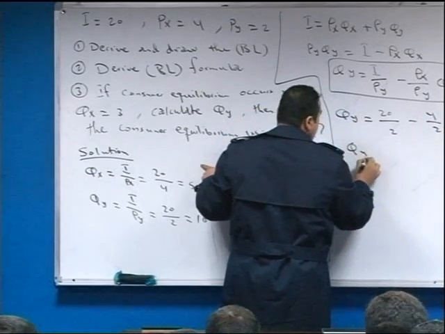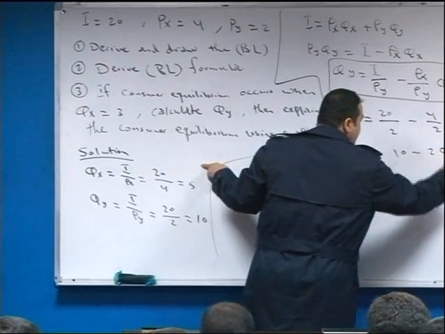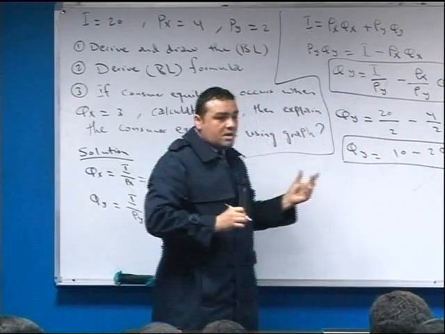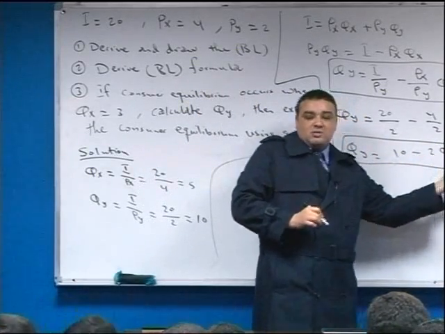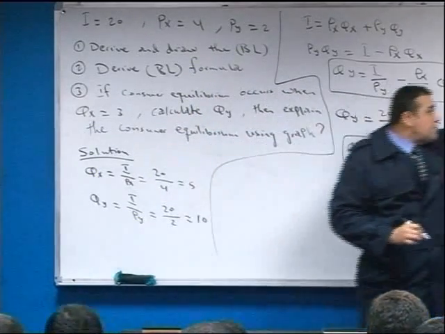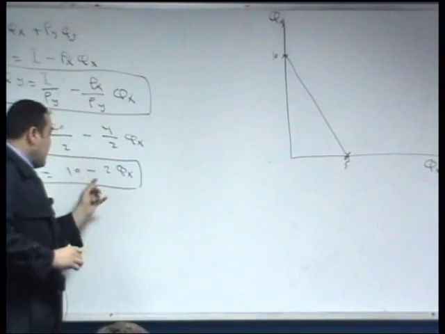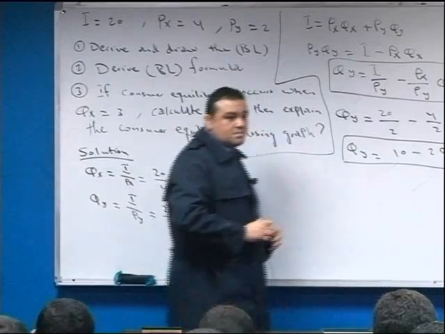So Qy equals 10 minus 2Qx. This is the budget line formula in this example. Or the intercept minus the slope times Qx: Qy equals the intercept with the vertical axis minus the slope of the budget line times Qx.